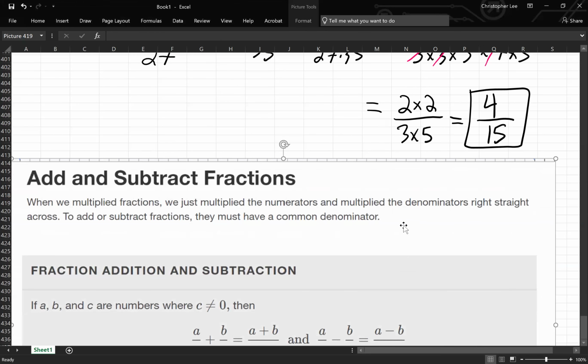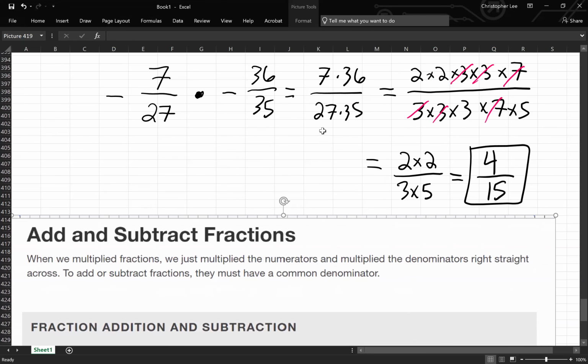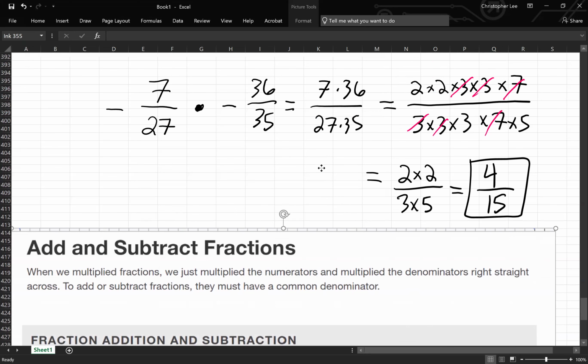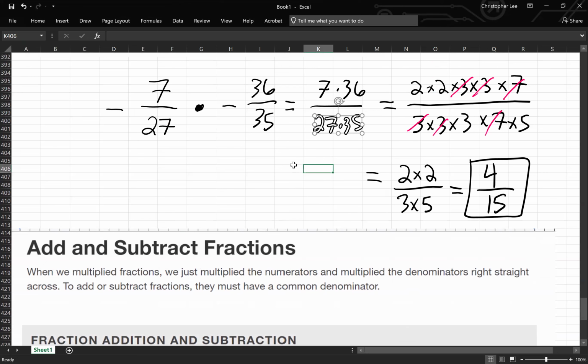When we multiplied fractions, we just multiplied the numerators and multiplied the denominators right straight across. To add or subtract fractions, they must have a common denominator.